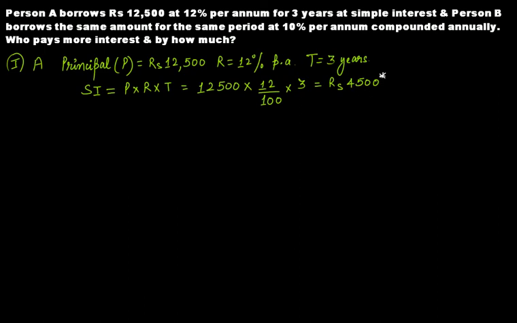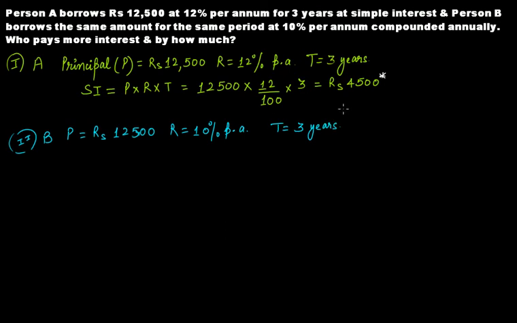Now if you calculate for person B, the principal will remain the same, that is rupees 12,500, but in this case the rate is different. The rate is 10% per annum, and the time period is equal to 3 years.